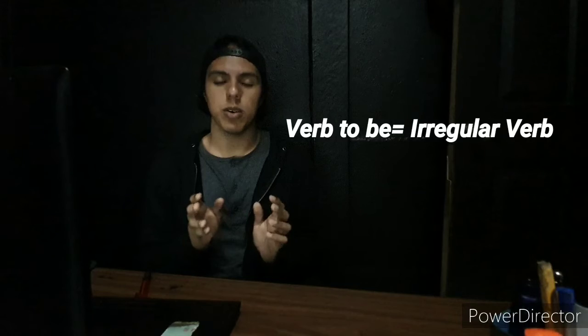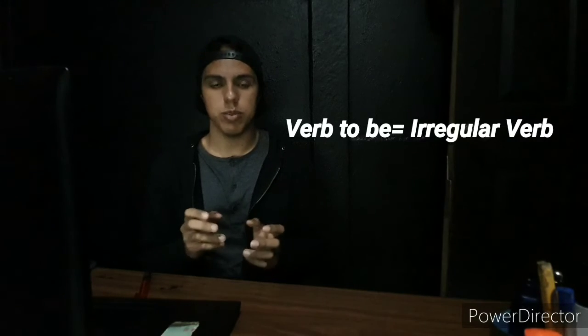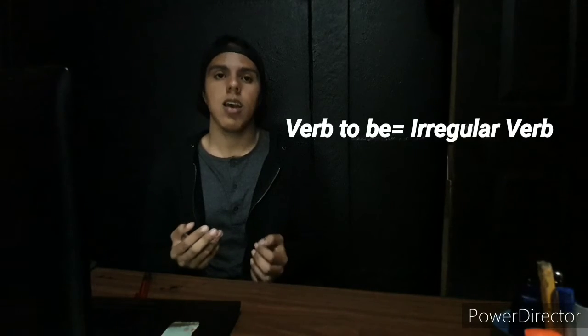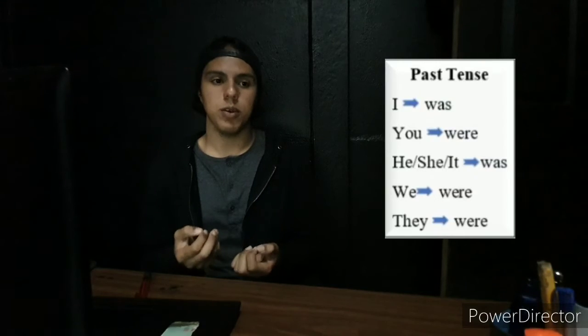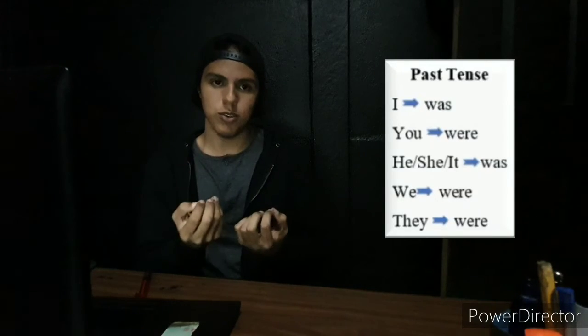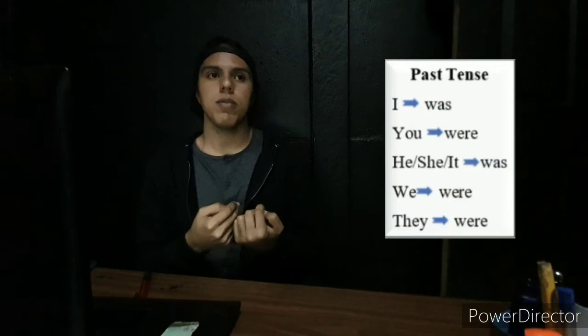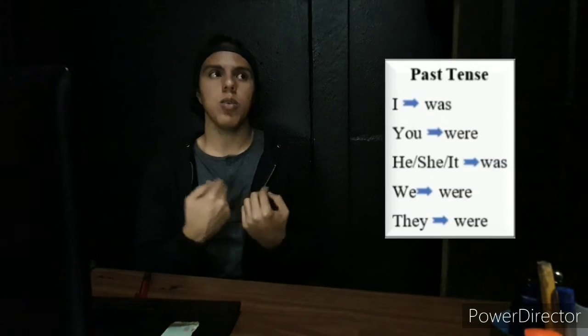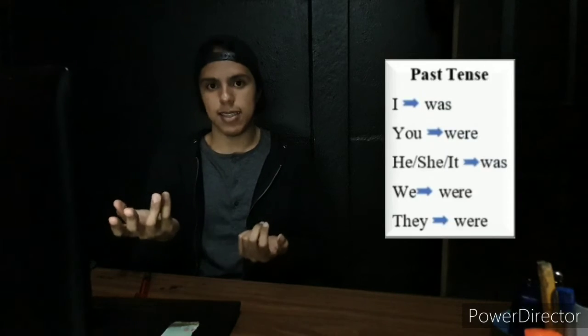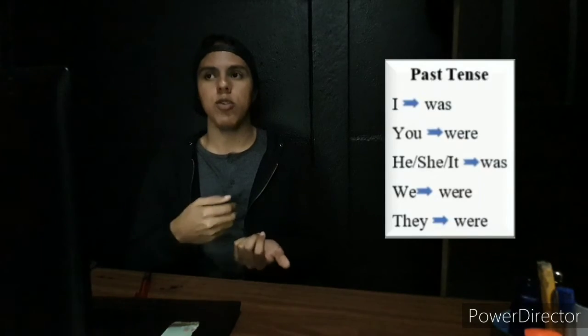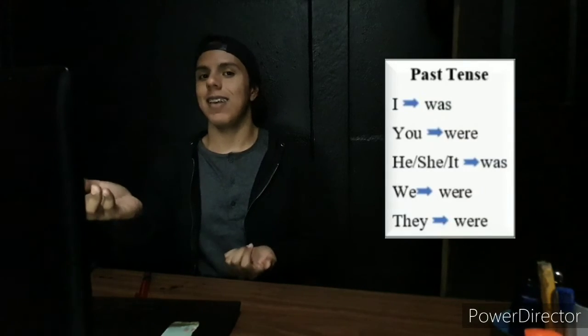Talking about the past tense, the verb to be is an irregular verb, right? So it is going to change completely, and it is also going to change depending on the subject. For example, I was sad. You were excited.